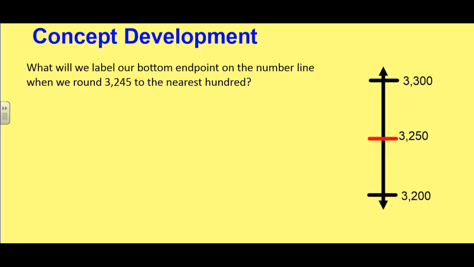And then our number that we're rounding is 3,245, which is once again going to be really close to our halfway point, because 45 is very close to 50. So 3,245 is going to go about right there on the number line. So that tells us that 3,245 is closer to 3,200 than it is to 3,300, and that's what it rounds to. So I hope that you did that correctly.